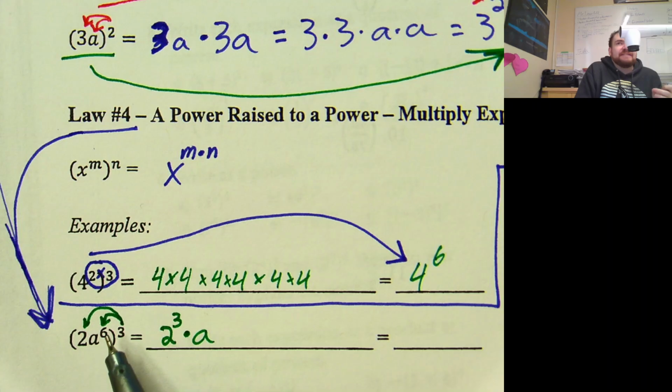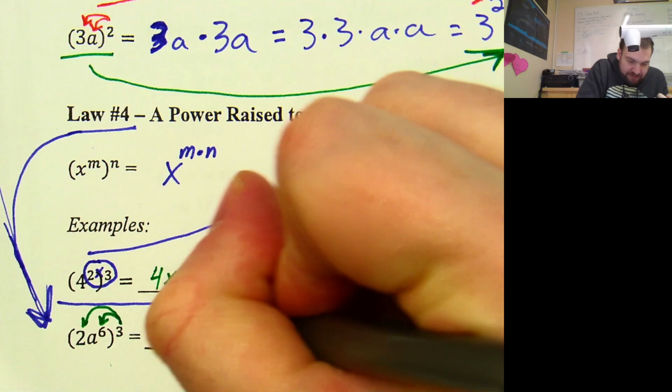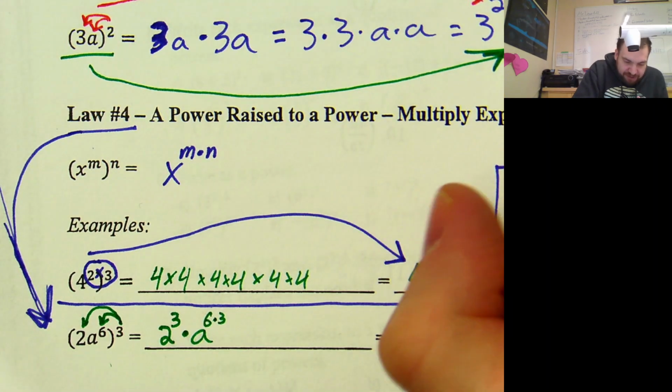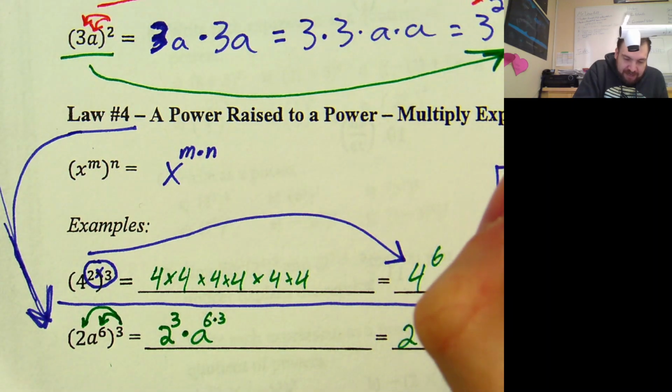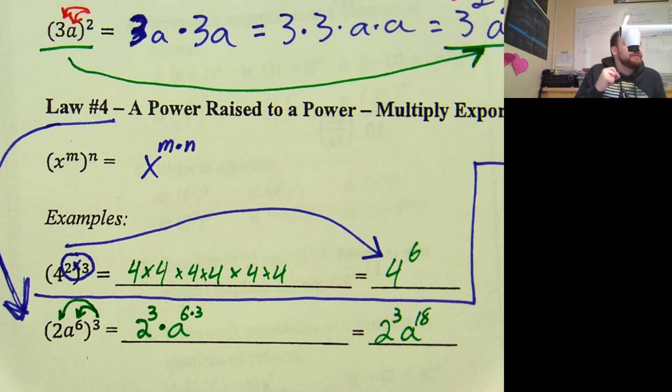Here I've got a to the 6. 6 times 3 is 18. So I'm distributing that exponent in, and I multiply my exponents when there is one present. So 6 times 3 is going to give me 2 cubed times a to the 18. Does that make sense?